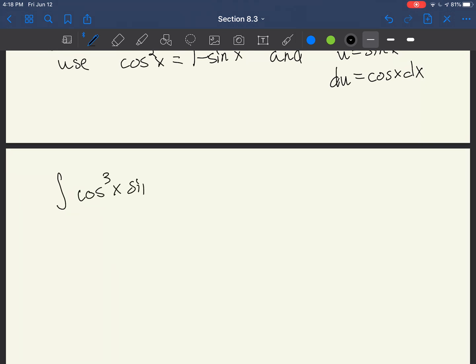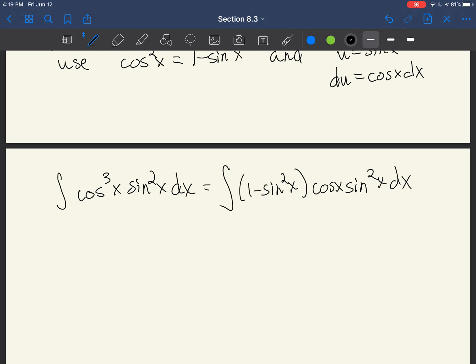So we have the integral of cosine cubed x sine squared x dx equals the integral of 1 minus sine squared x times cosine x times sine squared x dx.